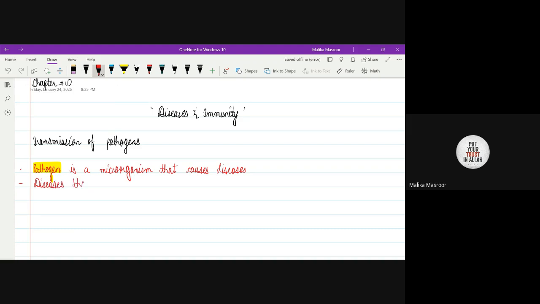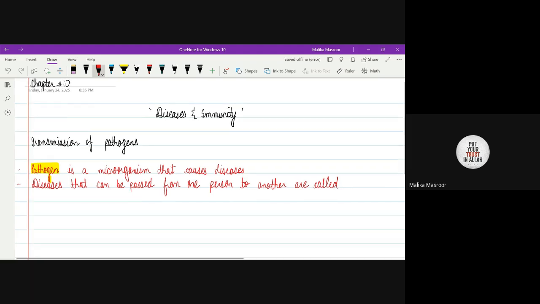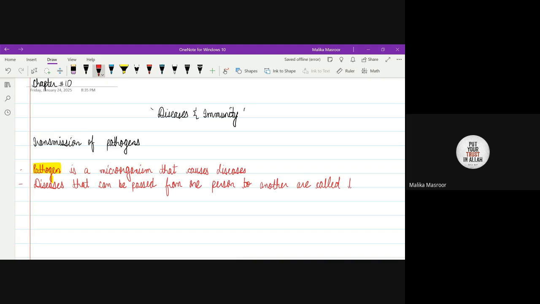Non-infectious diseases cannot be passed from one person to another. Transmissible or infectious diseases.